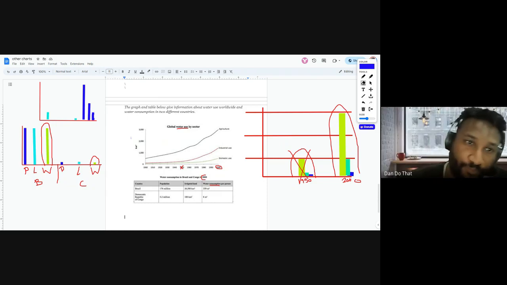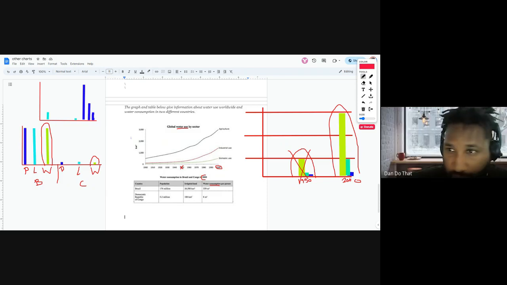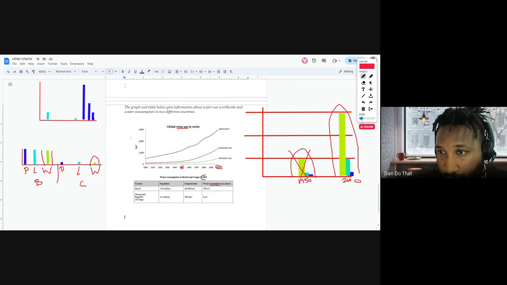All right. So now you have your two comparisons. This is Brazil, Congo, world.